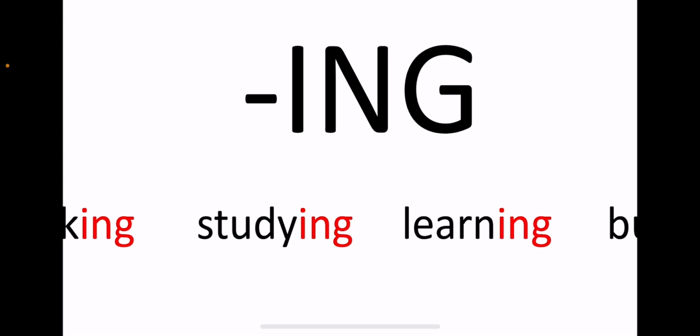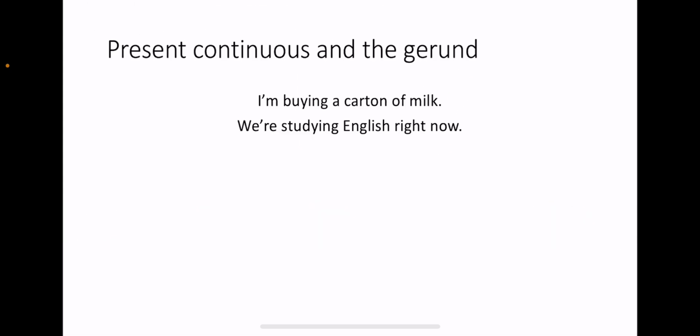Like this, that is not present continuous. When a verb is in ing, it doesn't always represent present continuous. Remember that for present continuous, we need a subject, we need verb to be, and then we need the verb in gerund. So the gerund only is not present continuous.